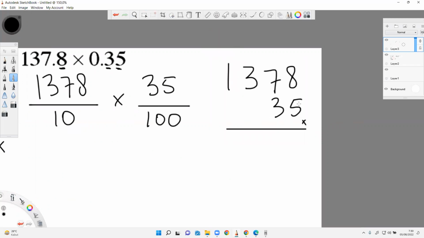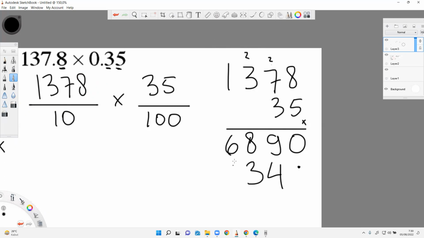Okay. 5 times 8, 40. 5 times 7, 35, plus 4, 39. 5 times 3, 15, plus 3, 18. 6, right? And then you erase the top side. 3 times 8, 24. 3 times 7, 21, plus 2, 23.